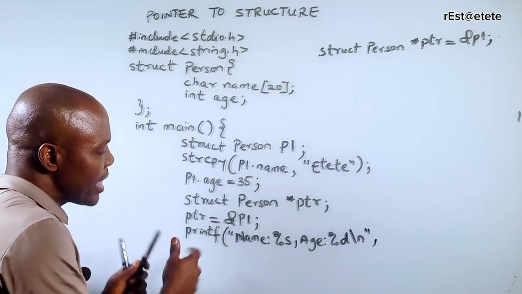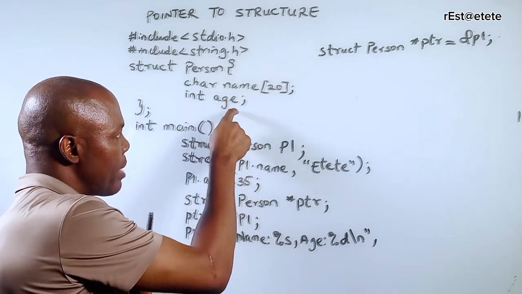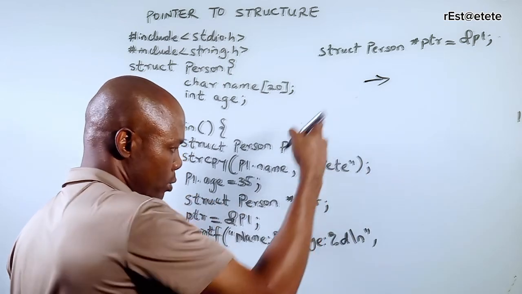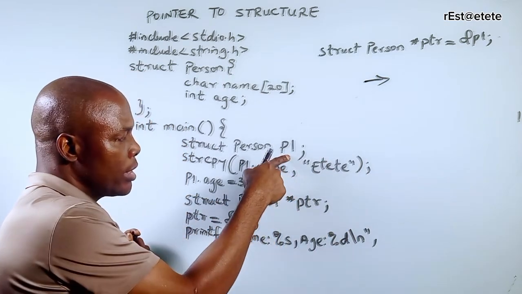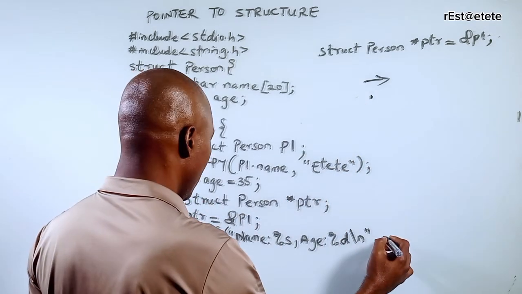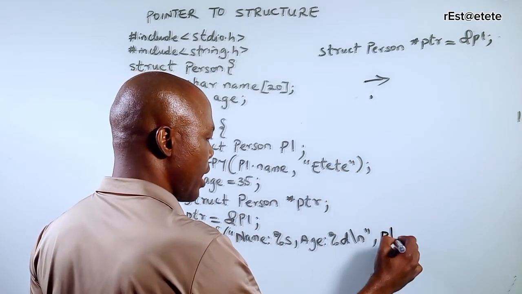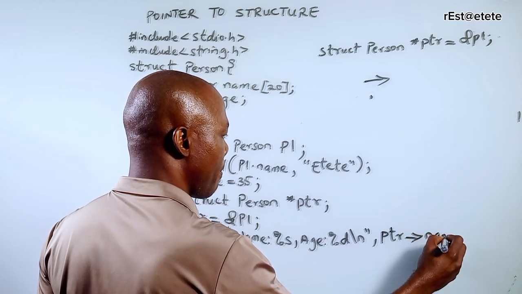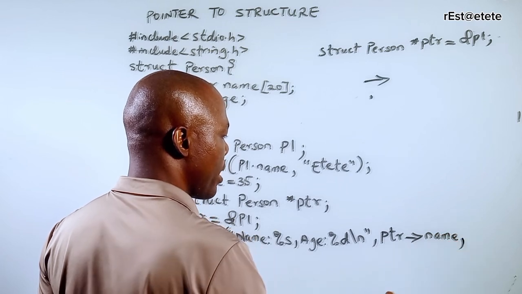Now to access these members using the pointer, I'm going to use my arrow operator, this one. If I'm going to use the variable to access it, it will be my dot operator. So this one will be ptr arrow name, comma.